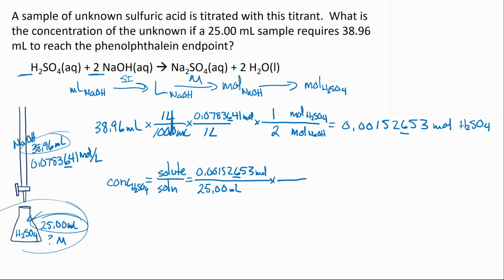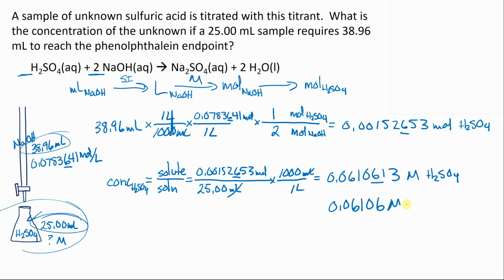To get to molarity, I need to change that milliliters to liters. Now I have moles per liter or molarity, and 0.0610613. Again, 4 significant figures have carried through. This is now molar H2SO4, moles per liter. And so that becomes 0.06106 molar is my answer.